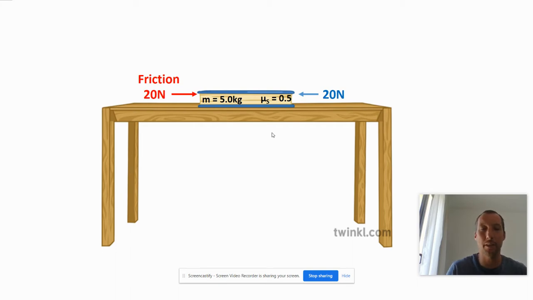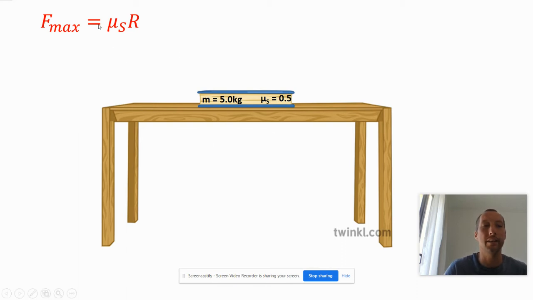Now, what is that limit going to be? Well, the limit is going to be given by this equation here. In your data book for the exams, rather than an equal sign here, it's going to say that the static friction will always be less than or equal to the coefficient of friction times R. Now, R stands for the normal reaction force, which is the surface pushing back on the book in this case.